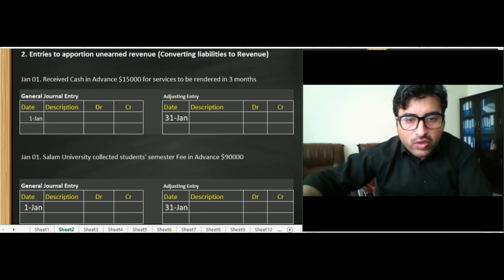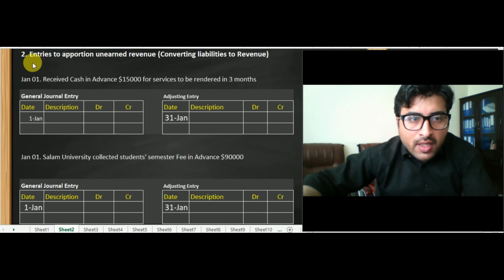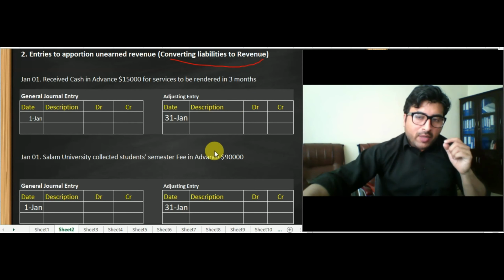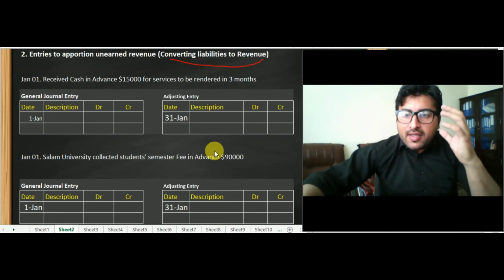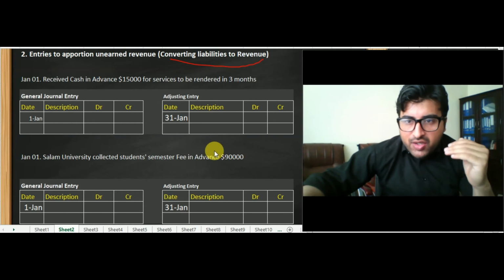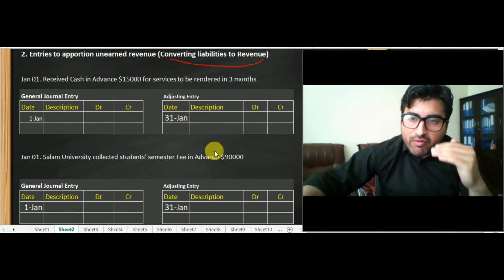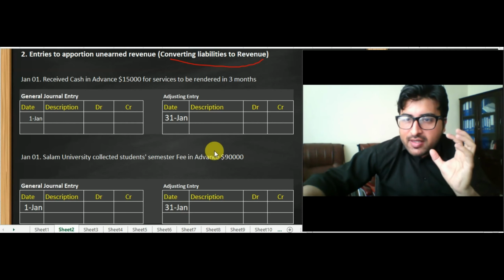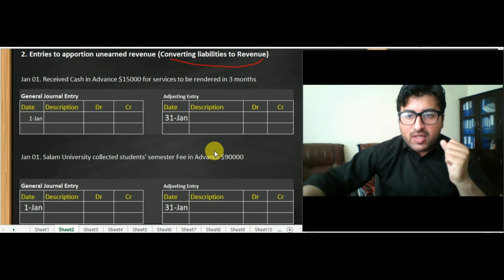Okay, dear students, look here. In the second type, we have entries to apportion unearned revenue, or converting liabilities to revenues. Simply keep in mind, sometimes businesses receive cash in advance for services to be rendered or provided in the future. So the cash received in advance is not a revenue of the business. You know why?